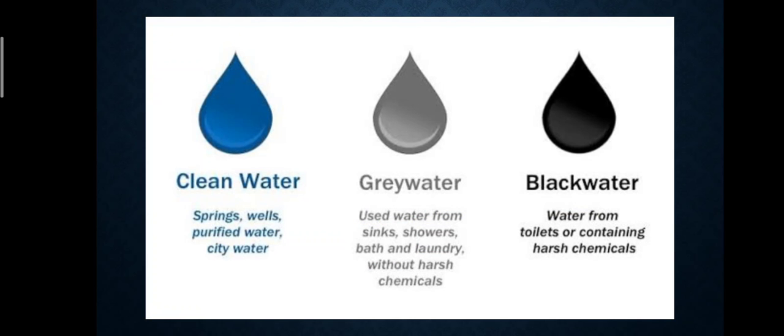The grey water is denoted by grey color, the water that we get from sinks, showers, bathrooms, laundries, etc. This water does not contain that many harsh chemicals. The third is black water. This is the water from toilets, and these generally contain harsh chemicals that may have some impacts and effects.